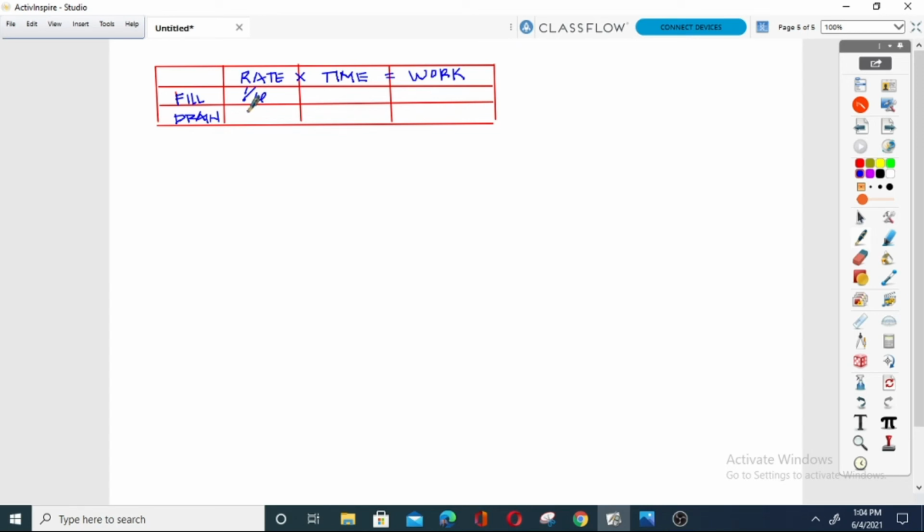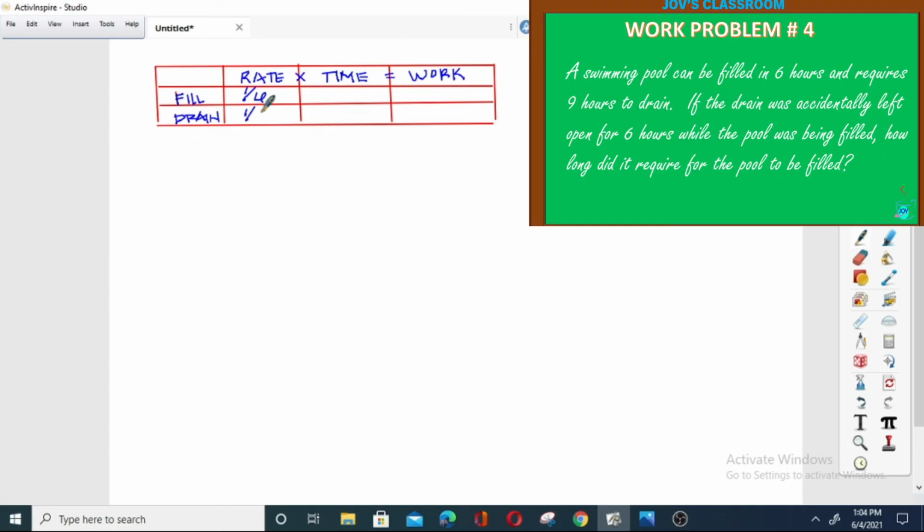For draining, this is 1/9. And the time for draining, it is left open in 6 hours, and the question is how long it will take for the pool to be filled.